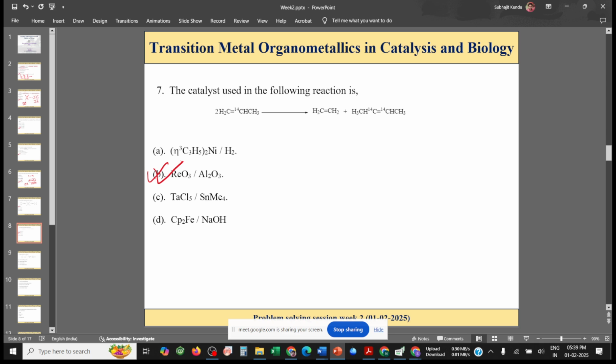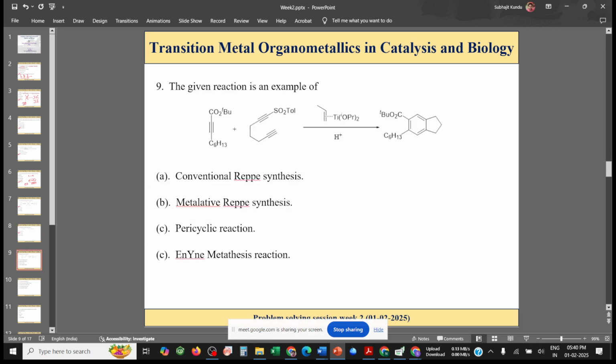Now the next question is, the given reaction is an example of... So now we go back again from metathesis to Reppe synthesis, and you have to do this practice multiple times, because in an exam all the content will be puzzled up and you have to remember all of it.